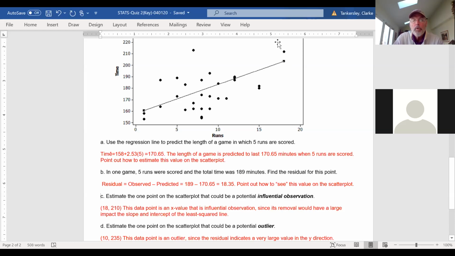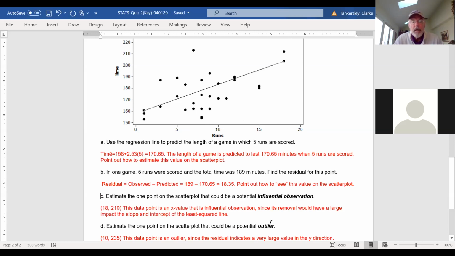This one here would be the influential observation. All right. And the reason why it's the influential observation is because we're going across the x-axis, and this value here represents a value that is really very stretched out across the horizontal axis.